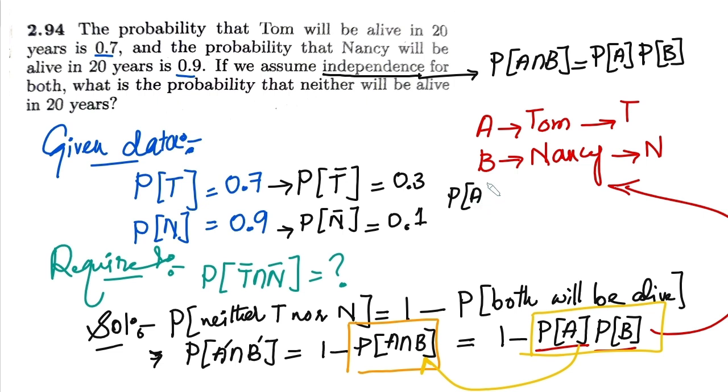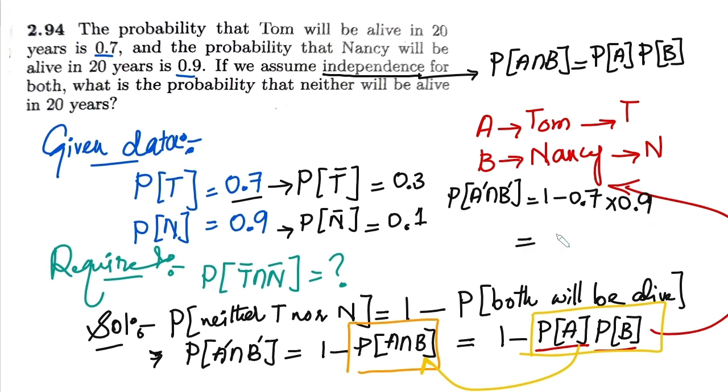We would get A complement and B complement. It would be 1 minus probability of A, which is 0.7, and probability of B, which is 0.9.